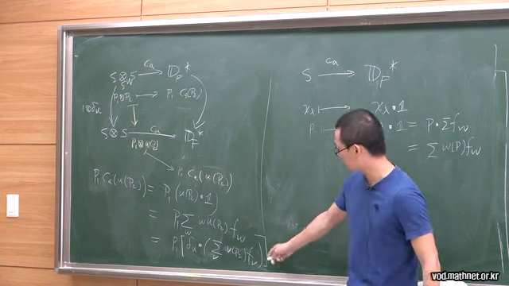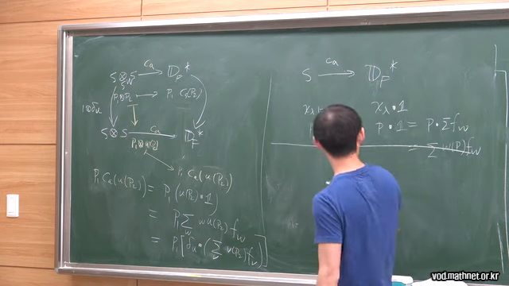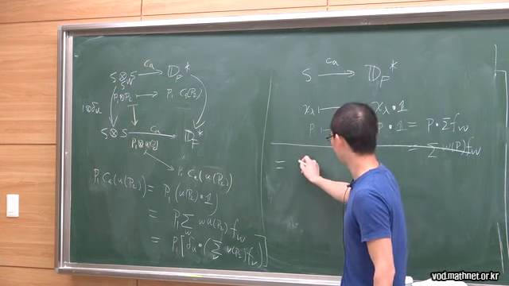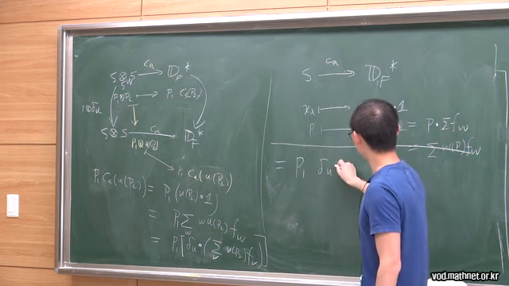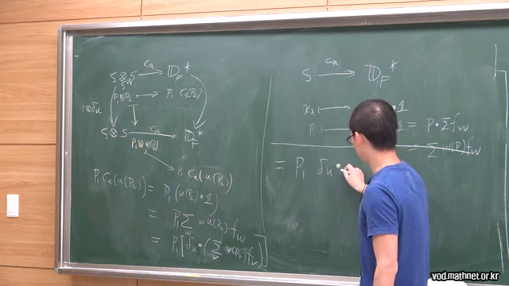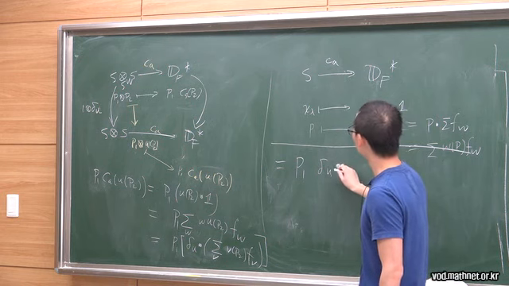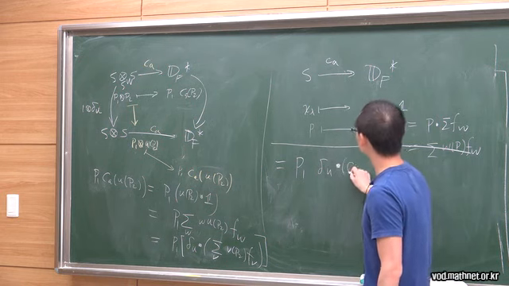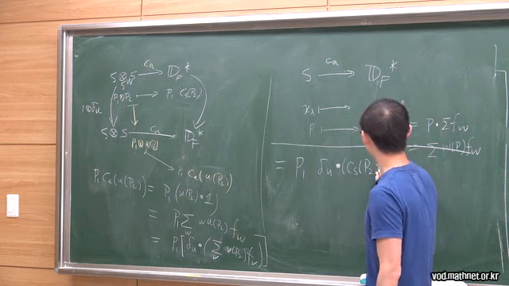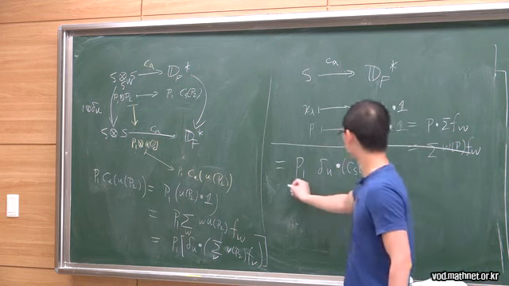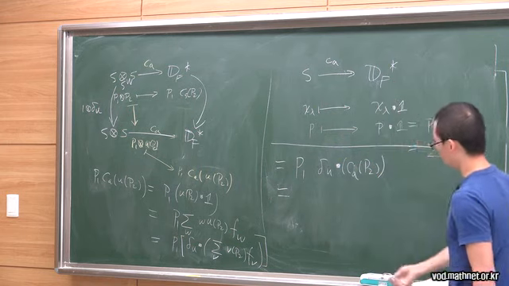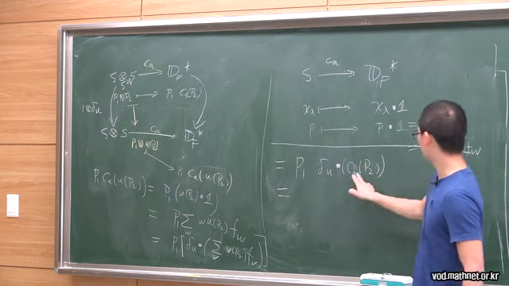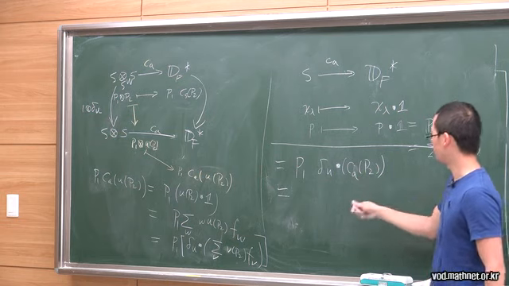So it's equal to this one, and that's equal to P1 delta U applied on CS of P2. Or in other words, CA of P2. Because the one inside the bracket is P2 bullet 1, so that's CA of P2.